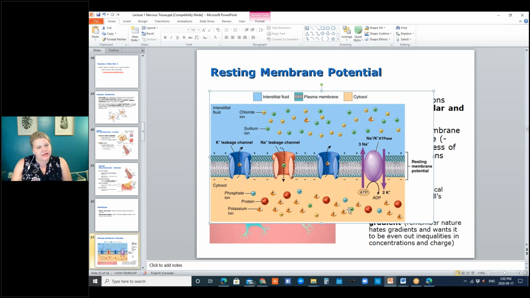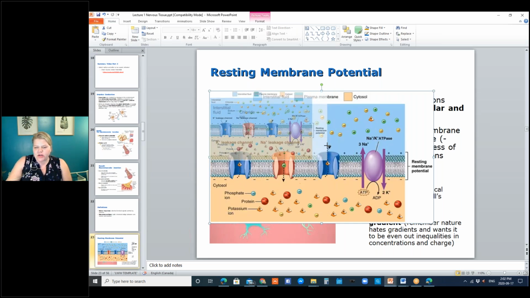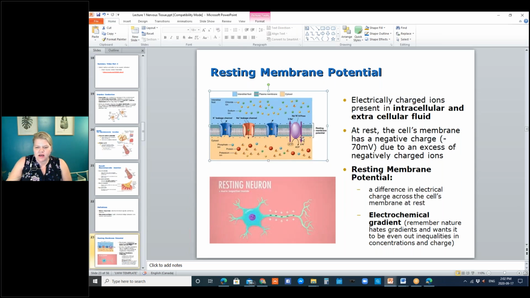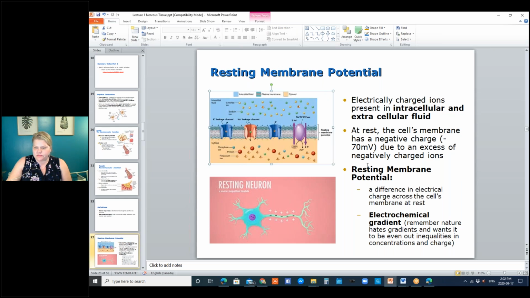But it is not allowed because all of these channels are closed, and so it can't get in. This is potential energy. There's some force that wants to bring the sodium in, but it's not allowed because there's no way in. When channels aren't open all the time, they're called gated channels, just so you might recall that from last year.